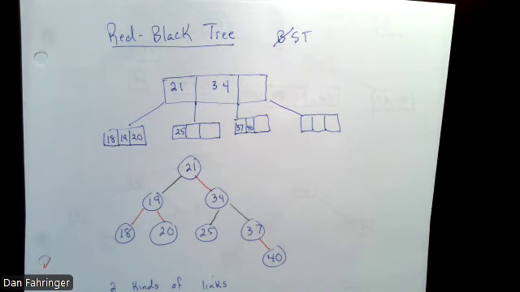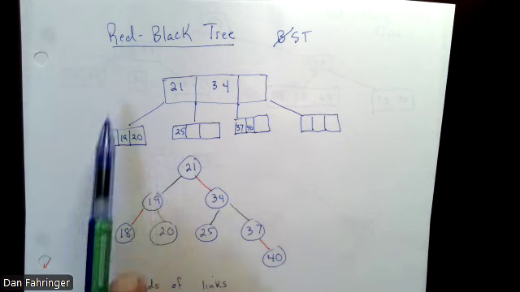So now let's take a look at what I have. And with that pencil, there it is. Tell me what do you think is going on with this red-black tree? How is this matching this 2, 3, 4 tree?